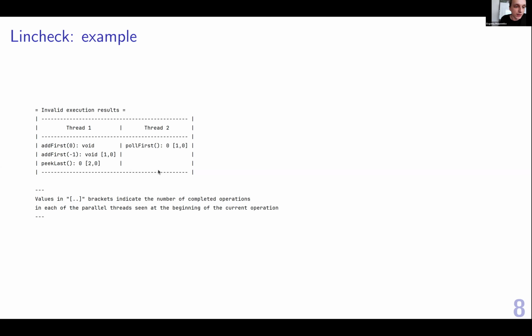It's not obvious, but actually the problem here is that this scenario is non-linearizable, meaning that we cannot linearize all the operations from different threads in a sequence that would be correct according to the sequential semantics of the data structure. It's actually not very important for the purpose of this talk. It's just the definition of linearizability. We just need to know that here Lincheck found a bug.